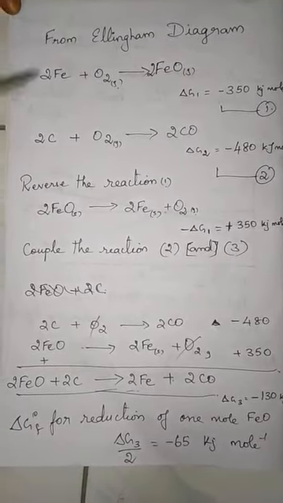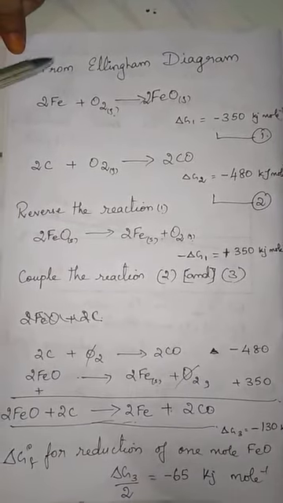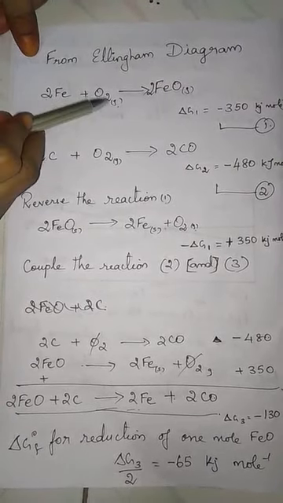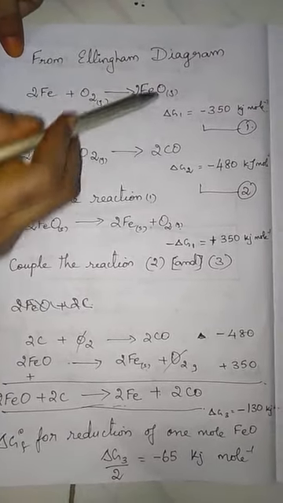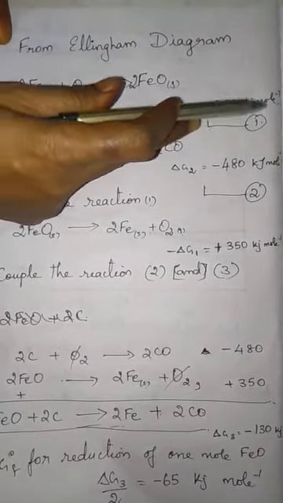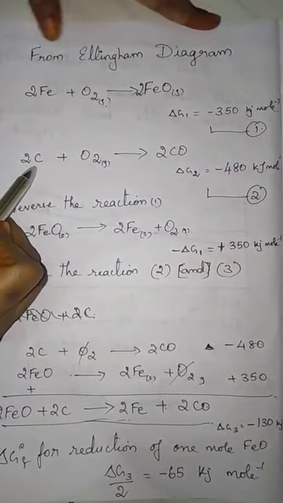The following free energy calculation proves that our answer is correct. So listen, from the Ellingham diagram, first the equation is 2Fe plus oxygen gives 2FeO. For this, the delta G value is minus 350 kilojoule per mole. This is the first equation. And next we are using carbon as a reducing agent.